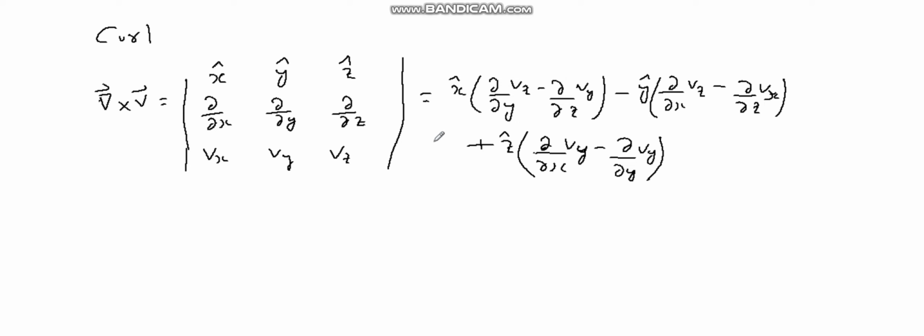Okay, so this is the curl of a vector field V in the Cartesian coordinates. In a different coordinate system, the expression will look different.